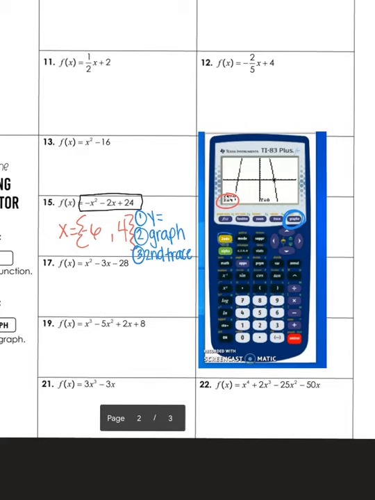So second is here, and then trace is up here. You'll hit the number 2, which says 0 next to it. And then after that, you're going to need to move your cursor left and right, so it's left and right of the x-axis.